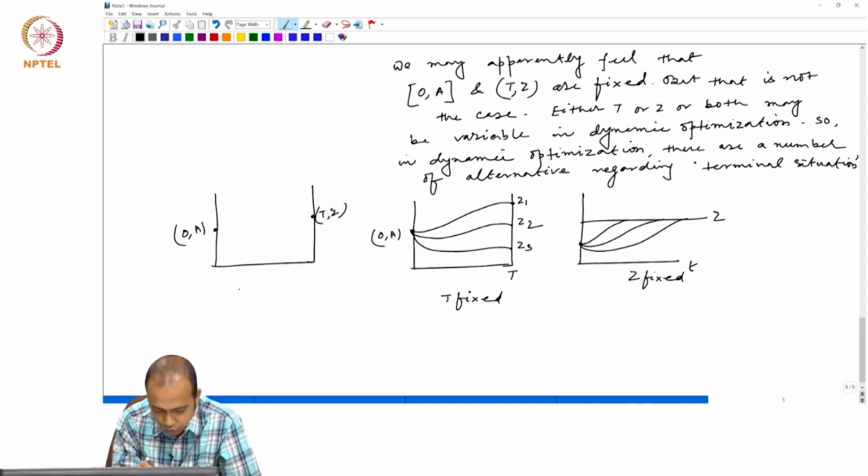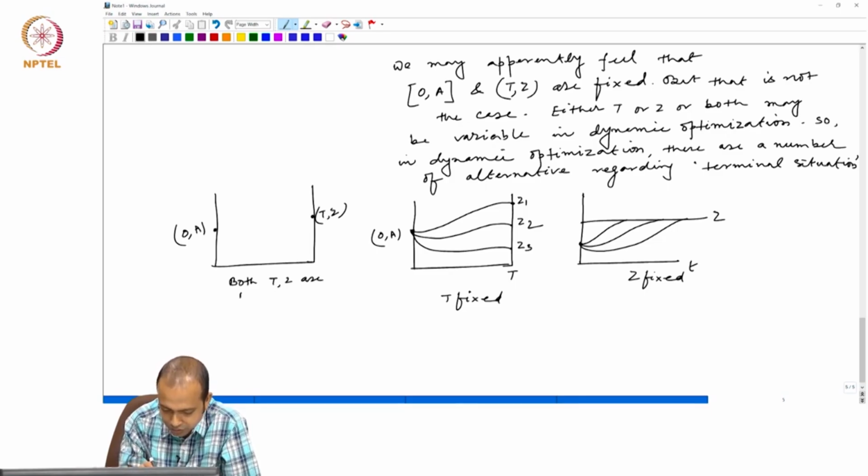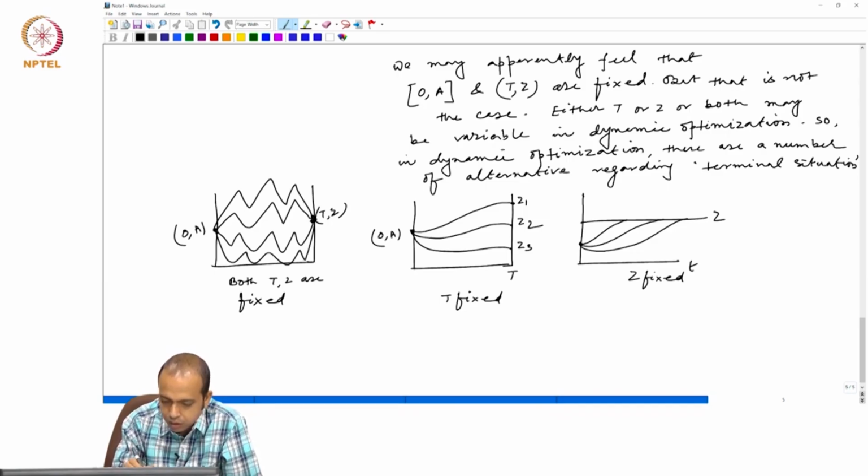Here both T and Z are fixed. That is why you are selecting several paths, like this.